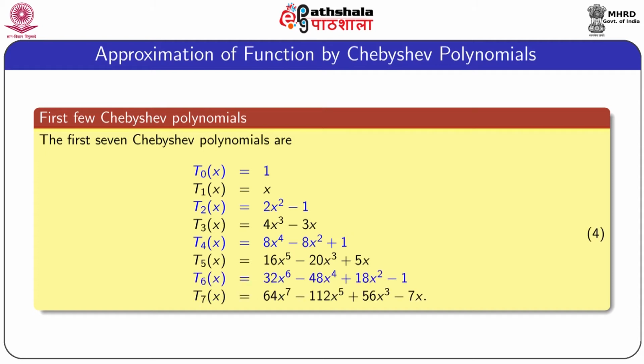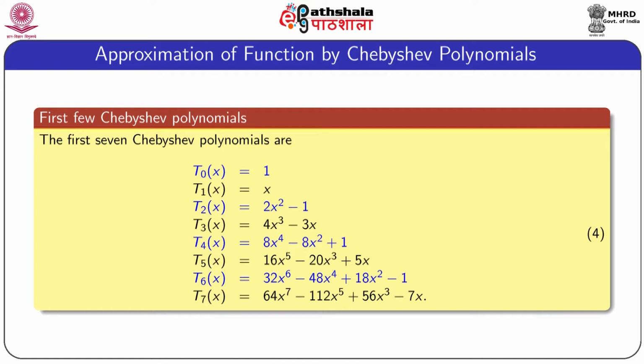Note that the functions T3(x), T5(x), T7(x) are odd functions, and the power of each term is odd. In the function T3(x) the powers of x are 3 and 1.